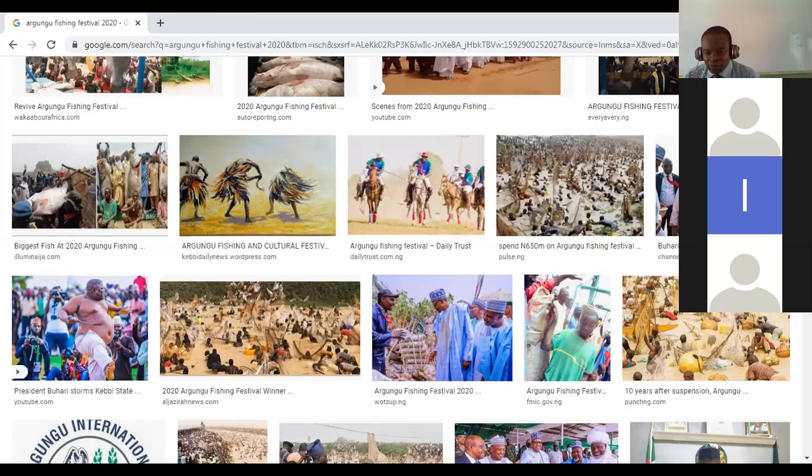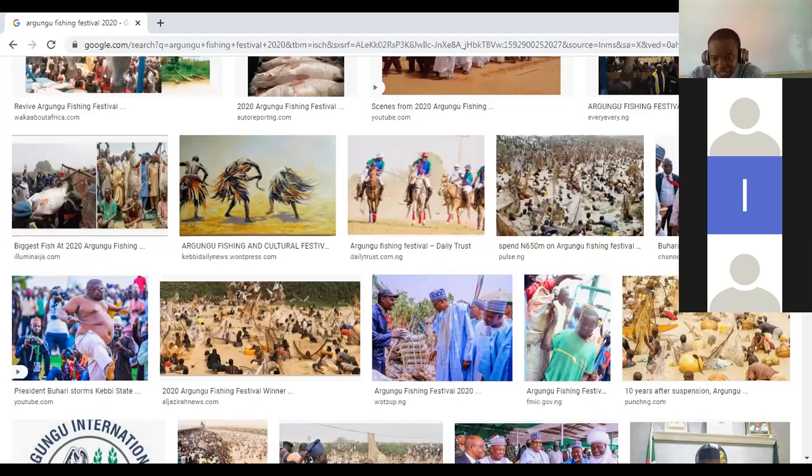So if a large quantity of fish is caught at a time, we call that large scale fishing. If a small quantity of fish is caught at a time, we call that small scale fishing. So there are two scales of fishing. That is, there are two methods of fishing. So we have the small scale fishing and the large scale fishing.